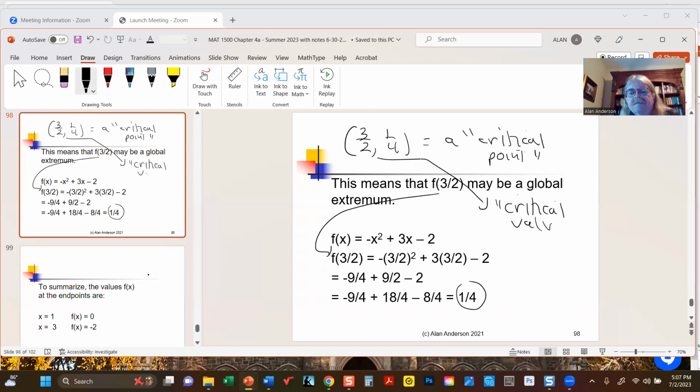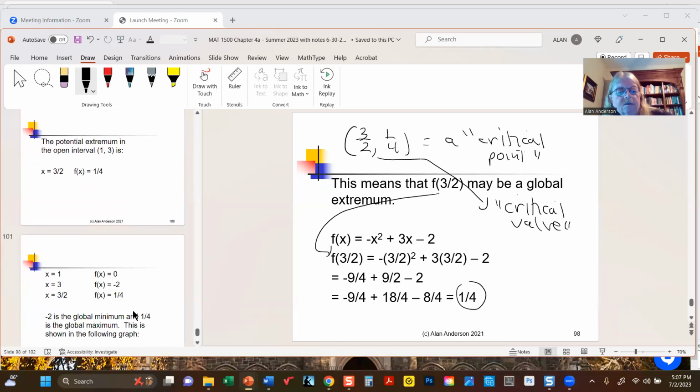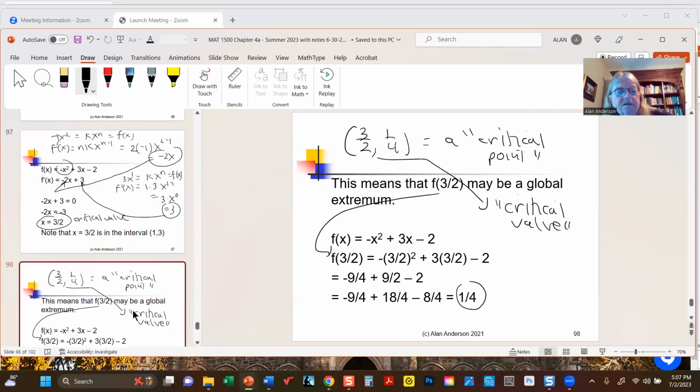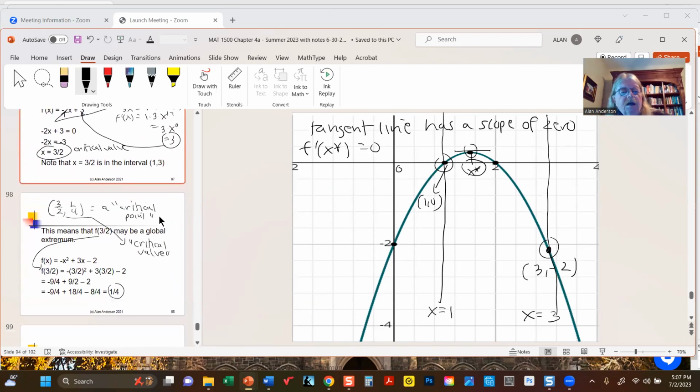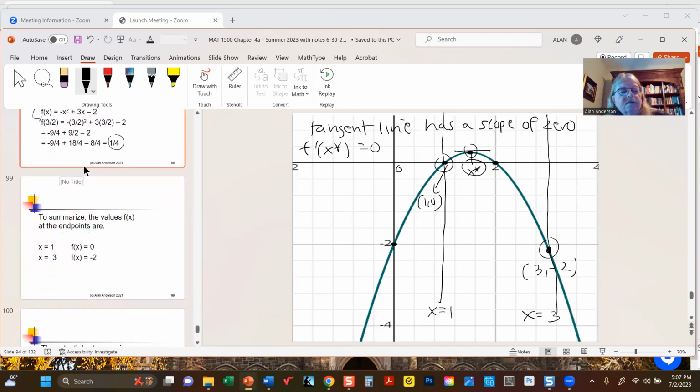The entire point is the critical point. And we know that this is a candidate for either being a global maximum or a global minimum. So if we go back to the graph, it should be clear that it is a maximum. But how do we prove this algebraically? All right, there's a couple of options.